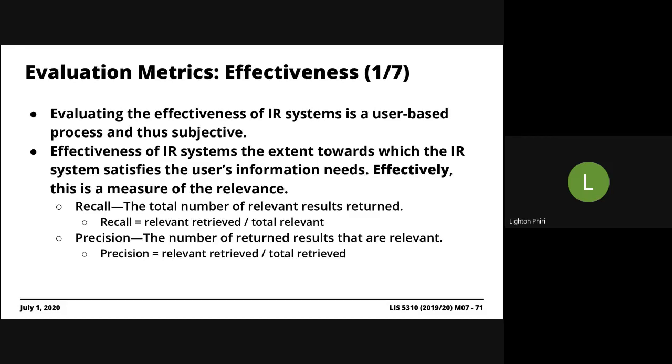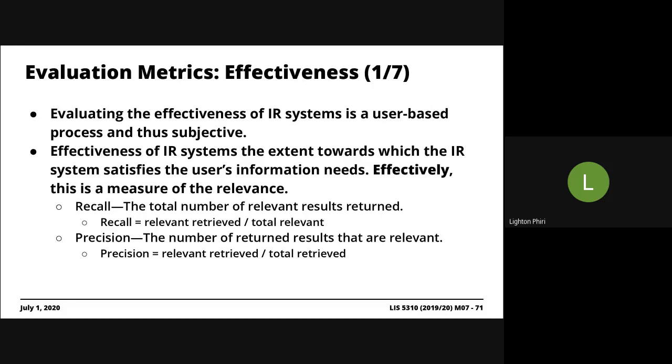We'll explain a bit more about these by referring to specific examples, but recall looks at the total number of relevant results that are returned. So if you issue a query and you have, let's say, 100 or 1,000 results returned, the idea behind recall is you're trying to find out of the 1,000 results, how many of them are relevant. Based on the user feedback, on average, how many of the 1,000 results would be relevant?